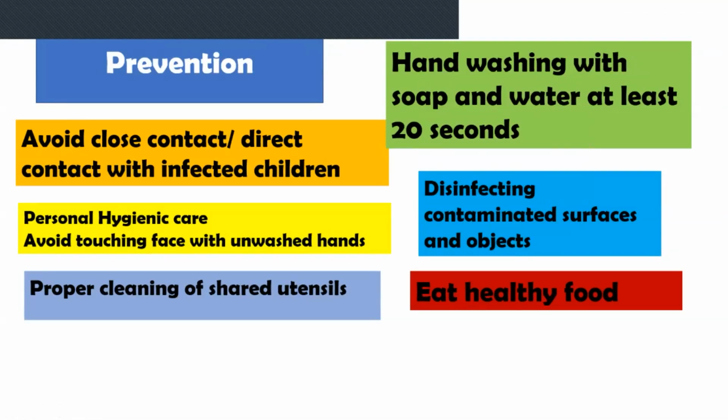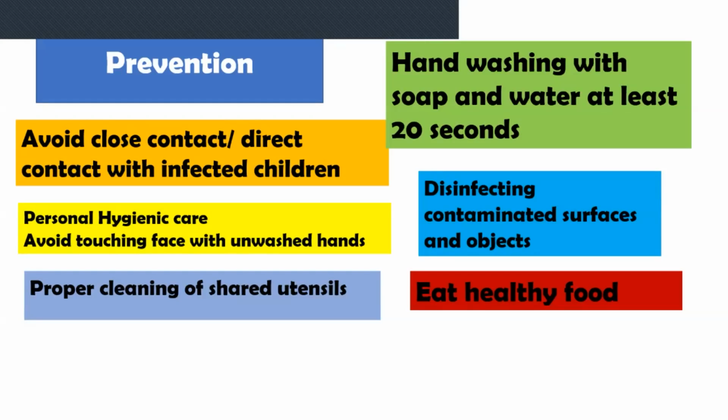Try to avoid contact or direct contact with infected children. Do the hand washing with soap and water for at least 20 seconds. Maintain personal hygiene and avoid touching the face with unwashed hands. Properly clean the chairs and utensils, and disinfect contaminated surfaces and objects.